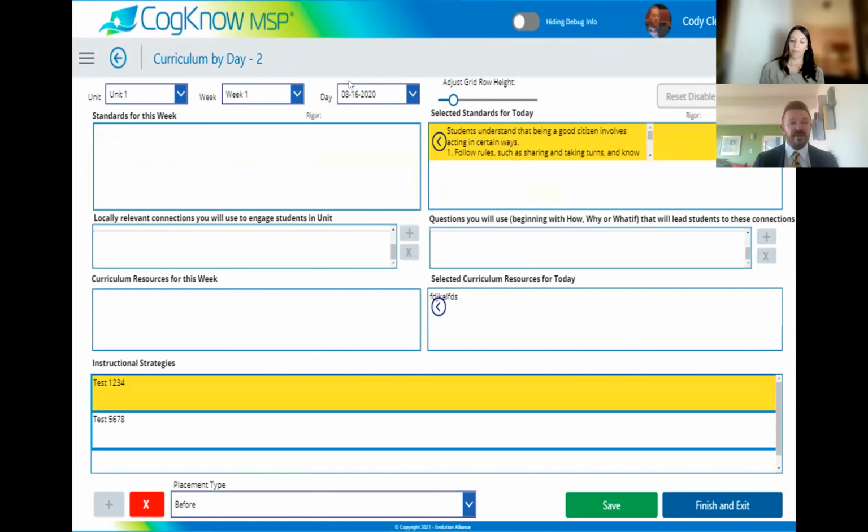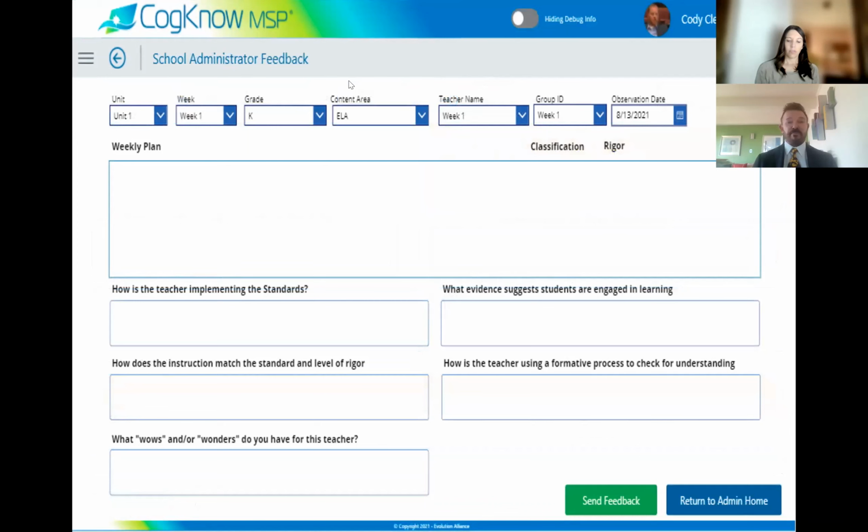Notice down at the bottom that you have instructional strategies, but it's going to ask teachers eventually to label them before, during, after, or possibly community builder. For administrators, there is a feedback page where they can go through, they've gone through and they're doing a formative walkthrough.